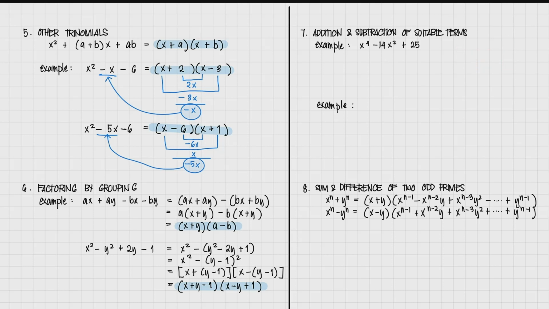Through the addition and subtraction of suitable terms, the given polynomial with 4 terms of degree 4 will lead to the difference of 2 squares. So I think this is better illustrated by an example.